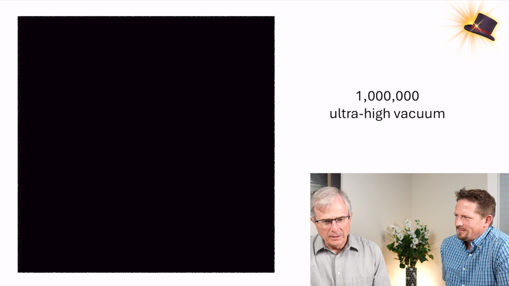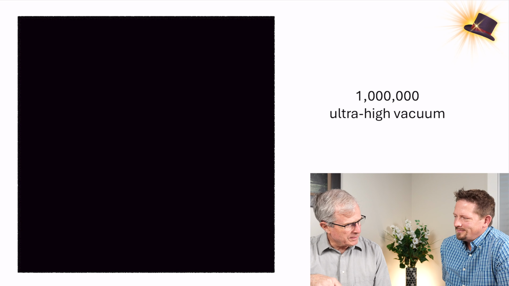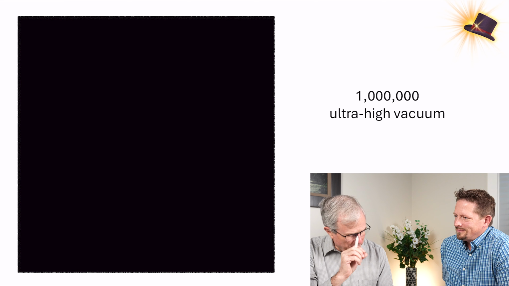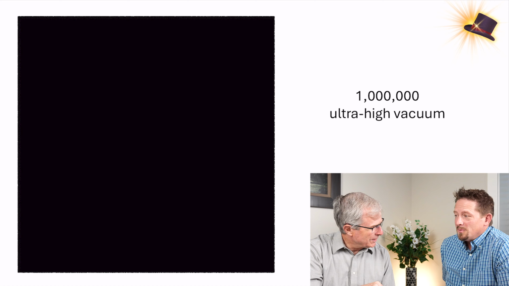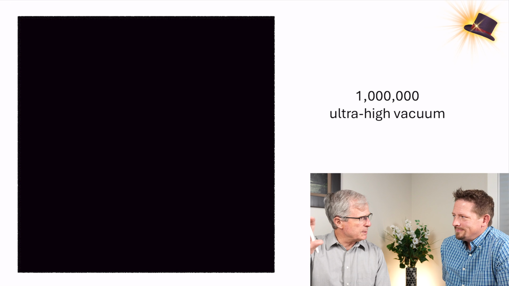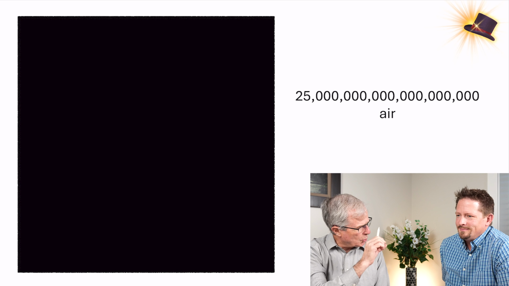You say, well, wait a minute. When I look through air, it doesn't look black and opaque like this. And the reason is, remember, these atoms are really, really small. I'm just looking between them. You're just looking right through that million, even in ultra-high vacuum, it's perfectly transparent because they're so small.